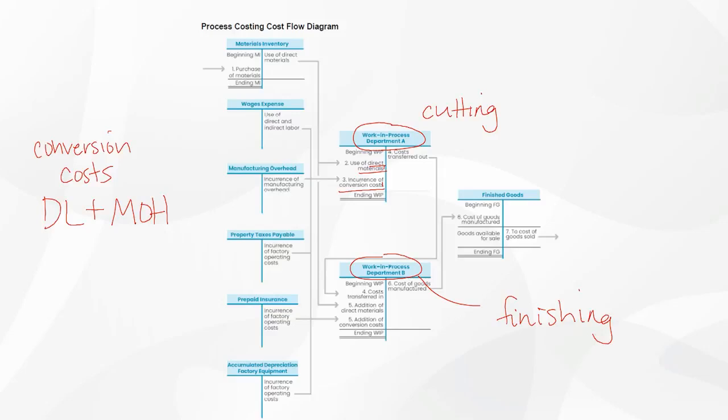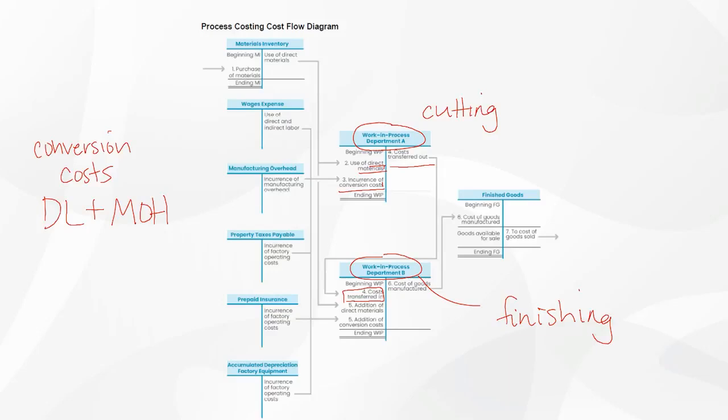And when we finish in the cutting department, for example, the cost will move out of the cutting department into the next department. So we have this cost transferred in. This is something that's different. We see this in process costing. We did not see it in job costing.